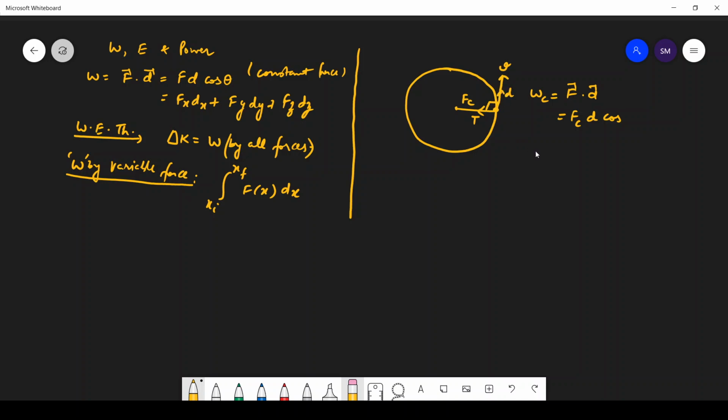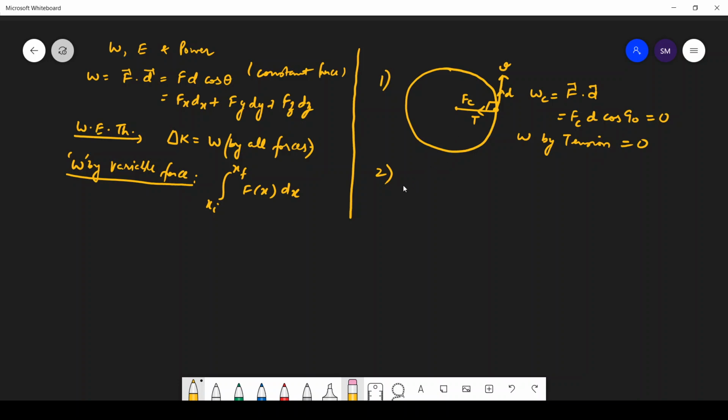So the angle between the displacement, direction of motion, and the centripetal force is 90 degrees, and cos 90 is 0. So work done by the tension force is equal to 0, because the angle between the tension force, which is the centripetal force, and this displacement is 90 degrees. So we studied this important point.